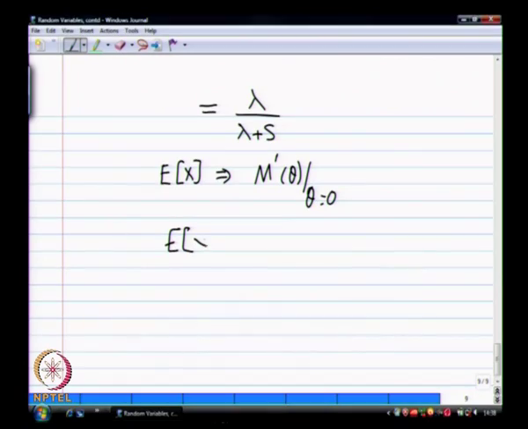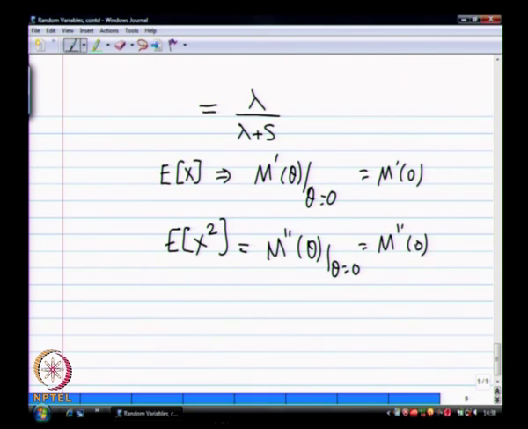E of x squared is m double dash of 0, and so on. So this is our definition of the moments, that is why it is called the moment generating function.